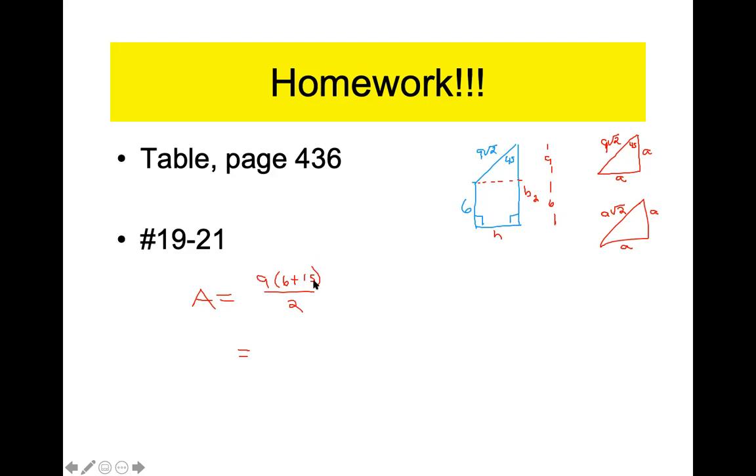Times 9 is 189, and then divided by 2. You get 94.5. The book says that the answer is 94.5, and we got the same answer. Very good. Who uses fractions anymore? That's so third grade.